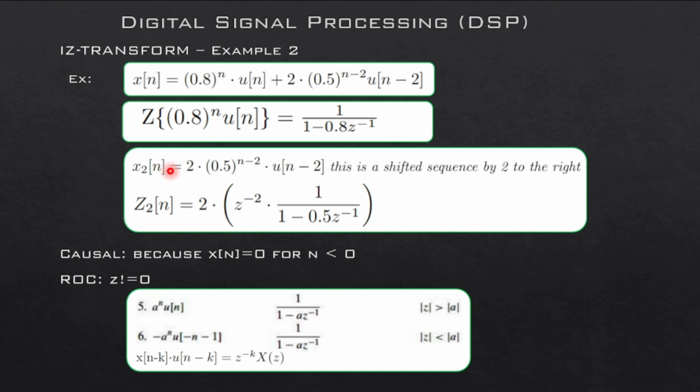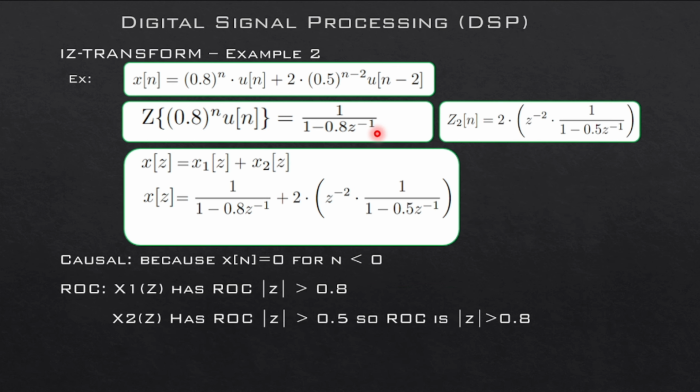Finally, you have X2z and here X1z, you add them together and you get the final transform. So Xz equals X1z plus X2z, which is this part. You add them together. This is the entire expression.